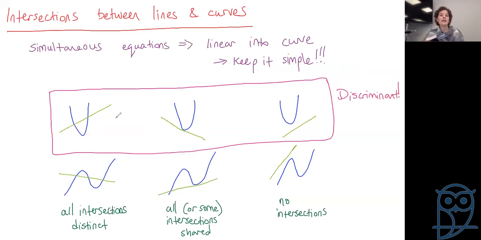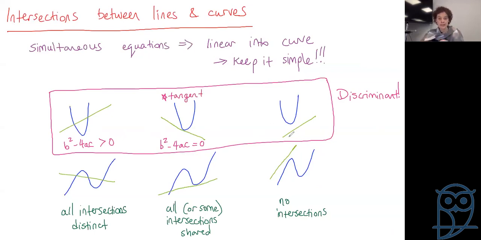So, 2 distinct intersections, b squared minus 4ac greater than 0. 1 shared intersection, so a repeated intersection, a tangent to the curve, b squared minus 4ac equals 0, and there's your word, tangent.